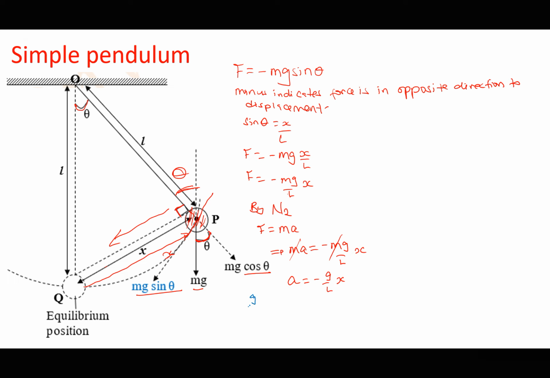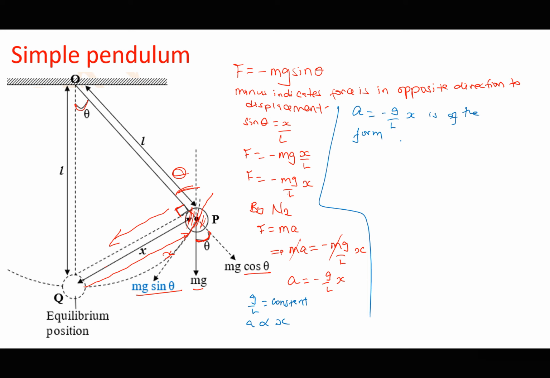So since g over L is a constant, it means acceleration is directly proportional to x. And there is a minus. The minus indicates that acceleration and displacement are always in opposite directions. So we can simply say that a equals negative g over L x is of the form of the defining equation of simple harmonic motion.